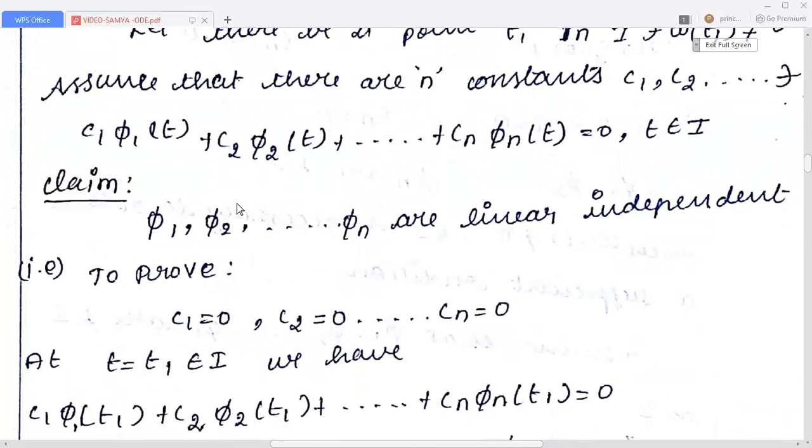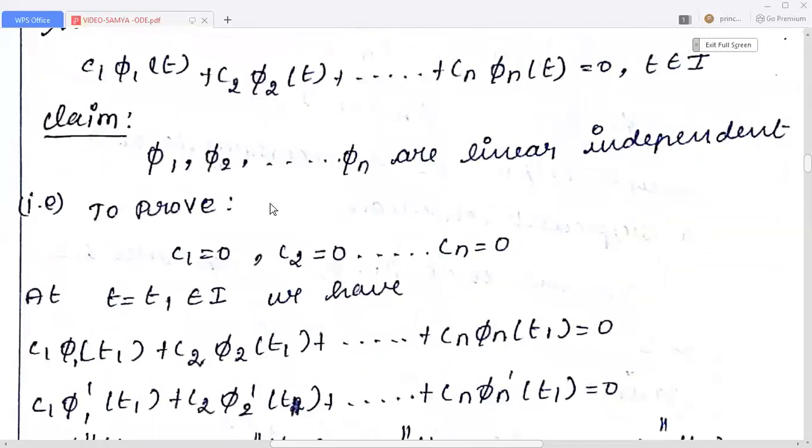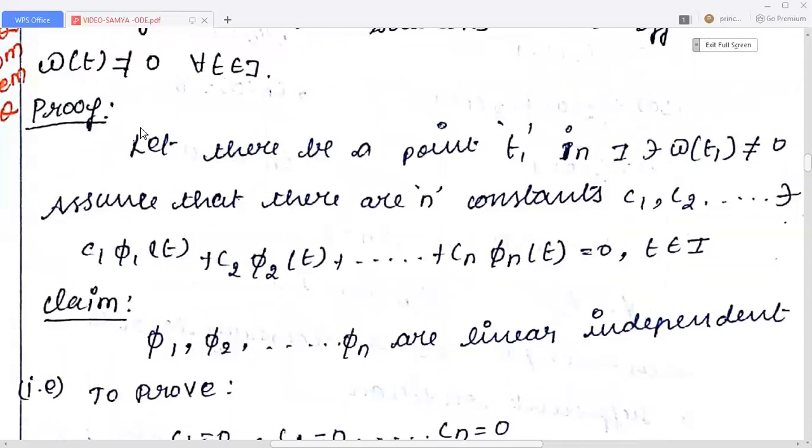Then we prove that phi1, phi2, phi3, phi n are linearly independent. That is the first part. Second part, we assume that phi1, phi2, phi3, phi n are linearly independent. Then prove that there exist n constants C1, C2, C3, etc. Cn such that this linear combination gives 0. So now we are going to see the proof.